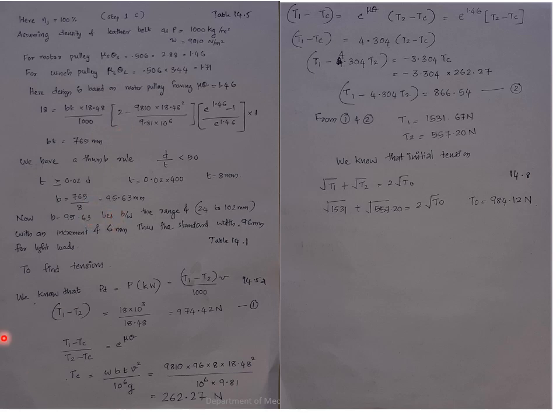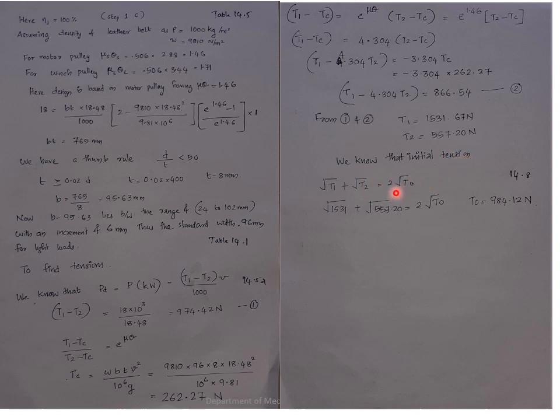Now we have to find the standard value of b from table 14.1, and similar to the previous questions, we will find the belt tensions. We have mainly three equations: the power equation, the T1 minus Tc by T2 minus Tc equation, and the initial tension equation.